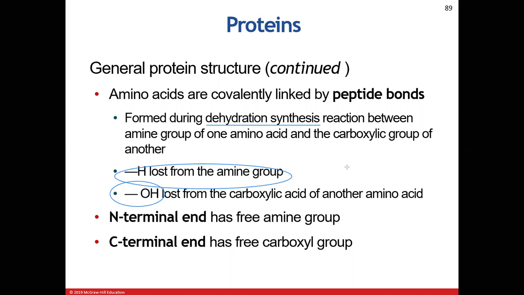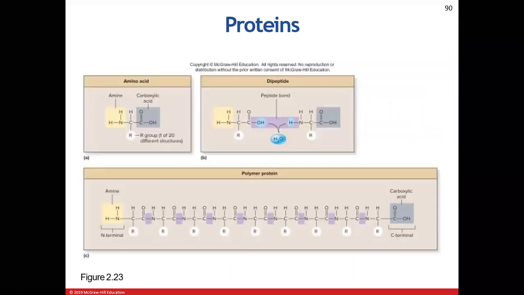When we look at the amino acid structure, we have a couple different things. We have an N-terminal end, which has a free amine group, and a C-terminal end, which has a free carboxyl group. So if we take a look at some graphical representations here, here in A, we have the amino acid structure.